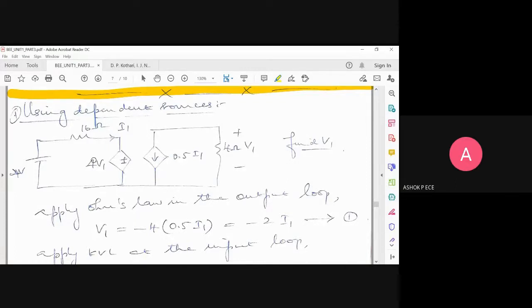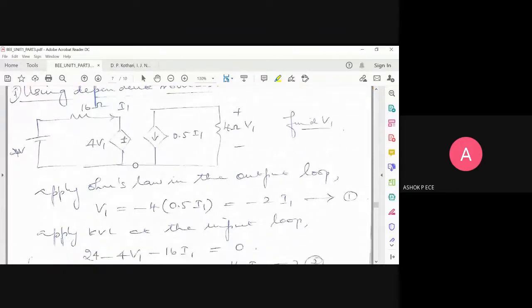Connected by value, because I1 is going to influence the value of current here, and V1 is going to influence the value of voltage here. But are they physically connected? This is going to be a ground. They are not physically connected. So separate currents will be flowing in these two loops. So you can apply KCL separately in both the loops and find the answer.